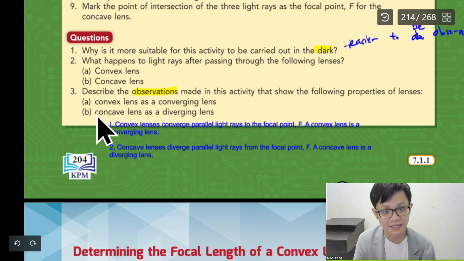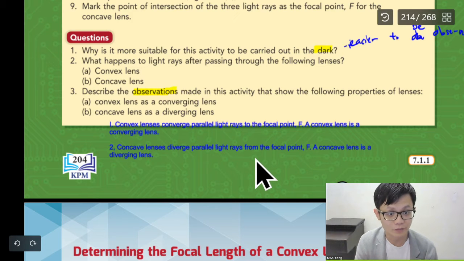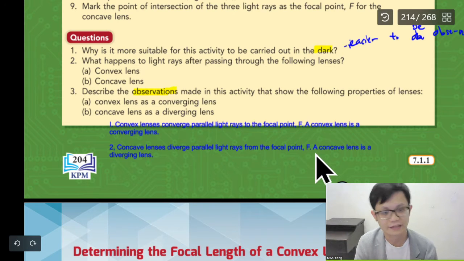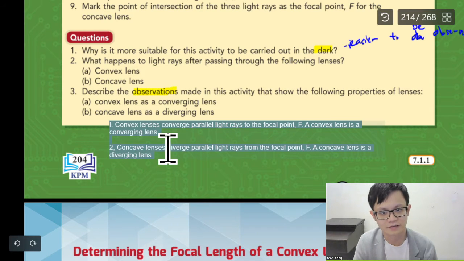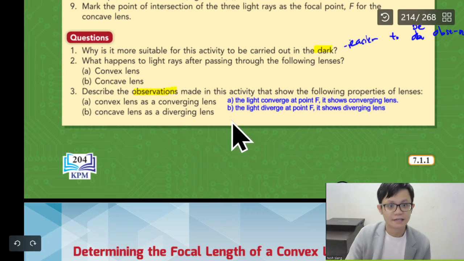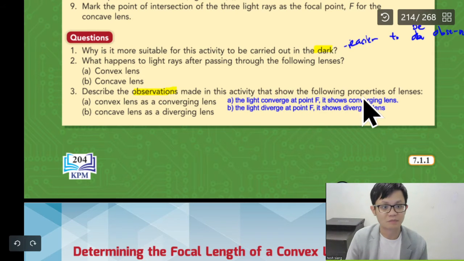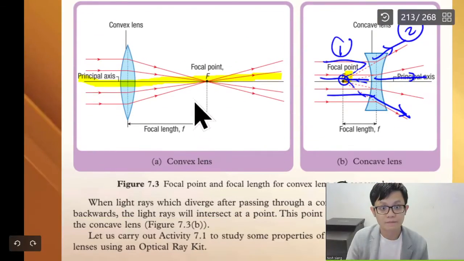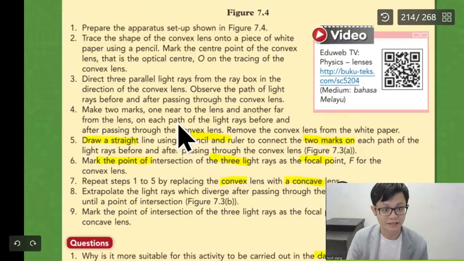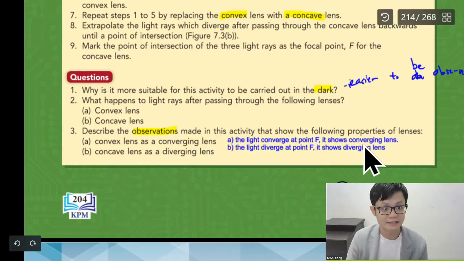For B, the concave lens diverges parallel light rays from the focal point F. Actually, I don't want to use this answer. Sorry. Okay, so I use this answer. The light converges at point F. Maybe you can add a bit lah. The light converges at point F when the parallel rays meet the principal axis. Okay, therefore, it is a converging lens.